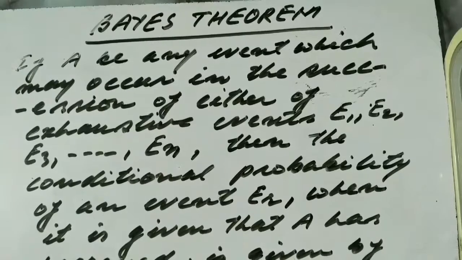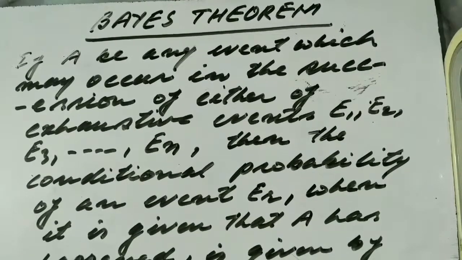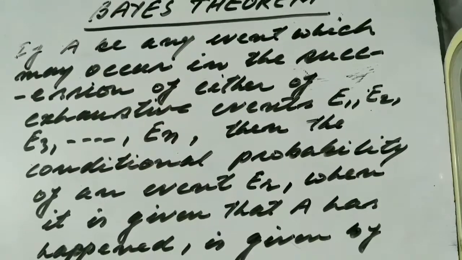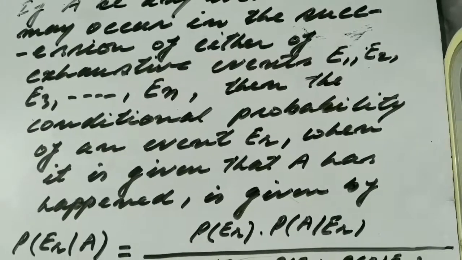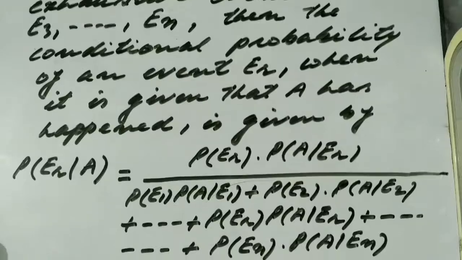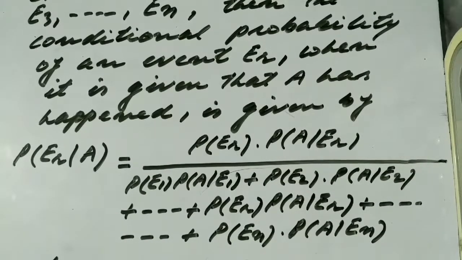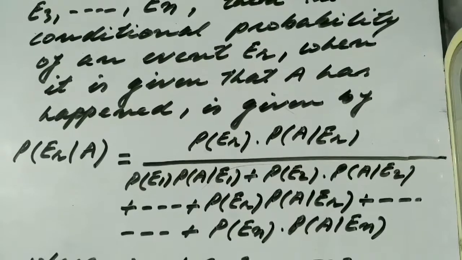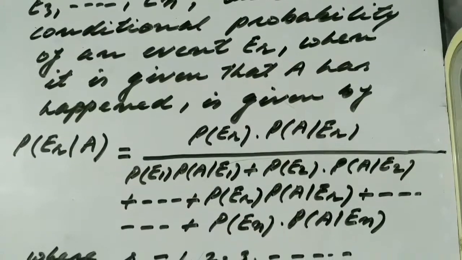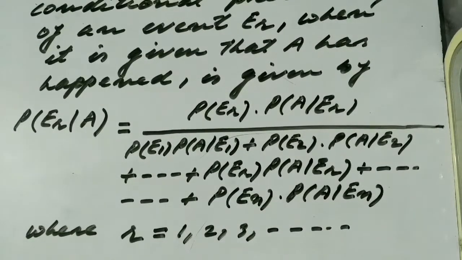If A be any event which may occur in the succession of either of exhaustive events E1, E2, E3, and so on to En, then the conditional probability of an event ER, when it is given that A has happened, is given by P(ER | A), where P(ER | A) indicates the conditional probability of ER when A has happened, is equal to P(ER) into P(A | ER) upon P(E1) into P(A | E1) plus P(E2) into P(A | E2) plus so on to P(ER) into P(A | ER) plus so on to P(EN) into P(A | EN), where R is equal to 1, 2, 3 and so on to N.